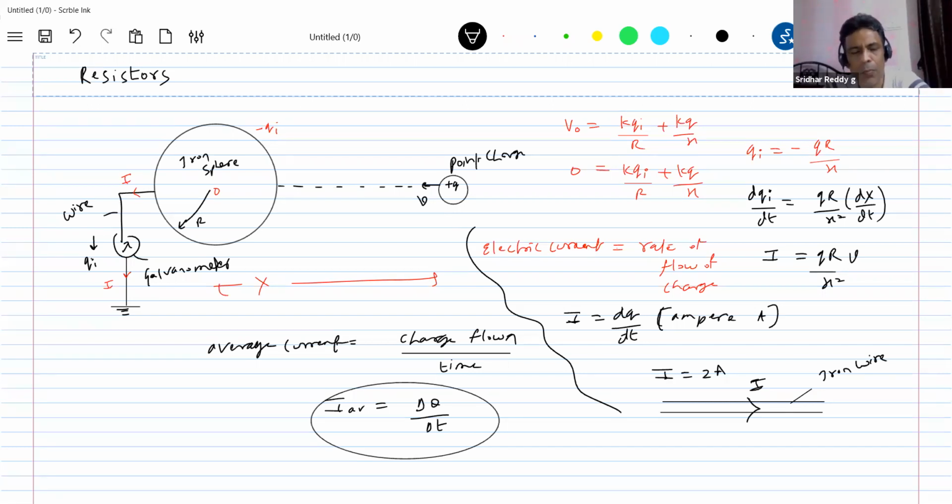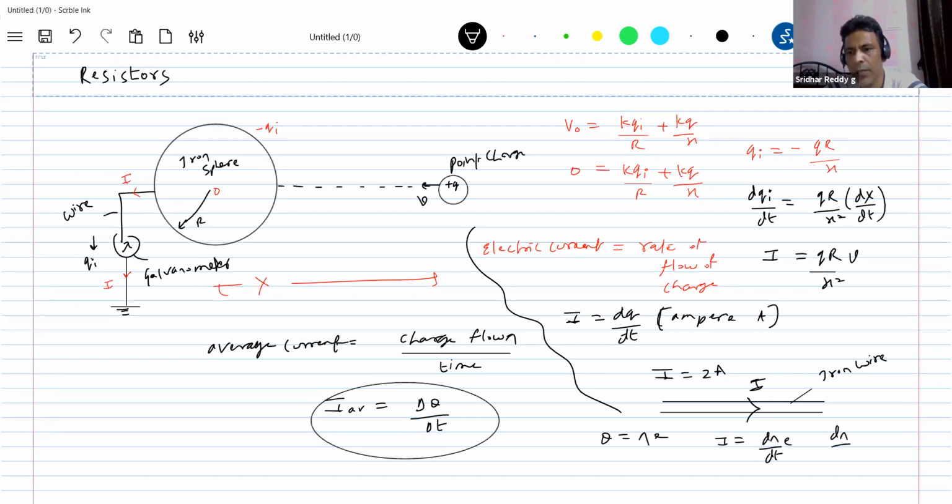How many electrons per second will be flowing? Charge Q equals N into e, where e is the charge of the electron. So I is equal to dN by dt into e.